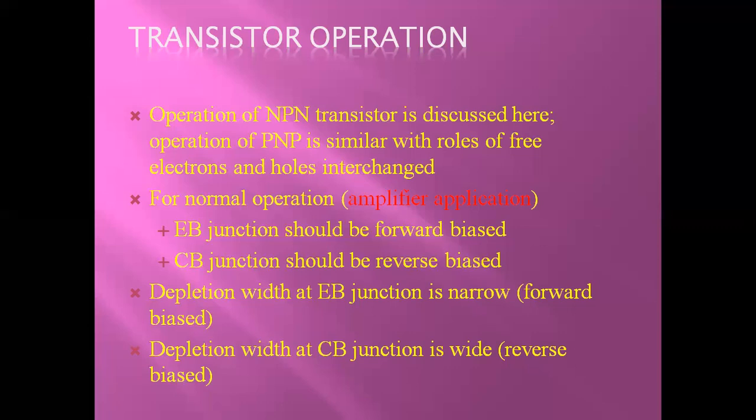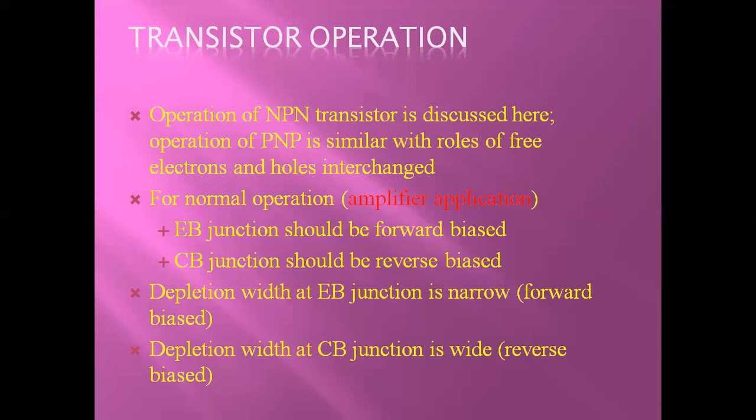Hence the depletion width at the emitter base junction is very narrow, that is in forward biased conditions, and the depletion layer width at the collector base junction is very wide, that is reverse biased. We are already aware that in the forward biased system the depletion layer will be very narrow, and in the reverse biased condition it will be very wide, as we discussed in the semiconductor concept in yesterday's class.